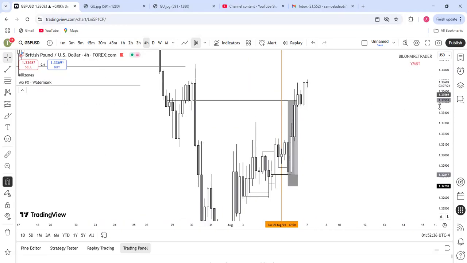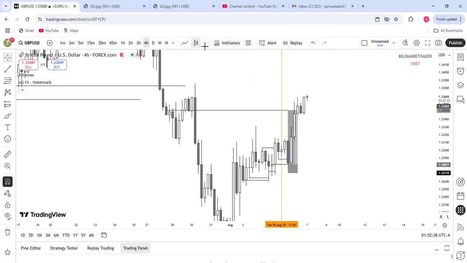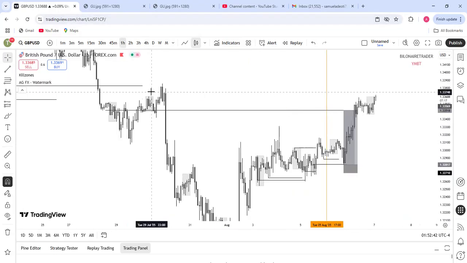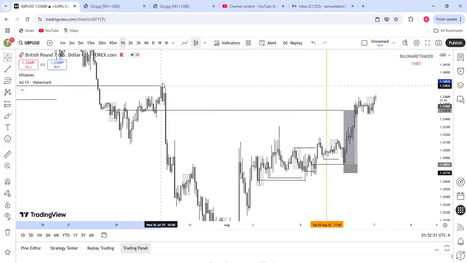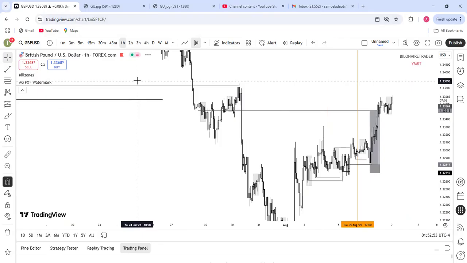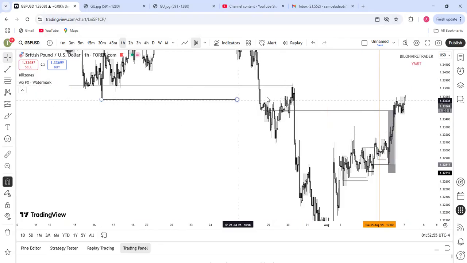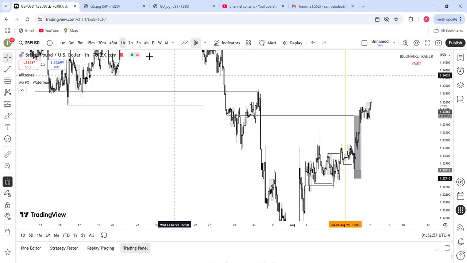So I'm anticipating a sell continuation. We may sell from here. Remember I told you how we came into this level from the higher time frame, from the daily.